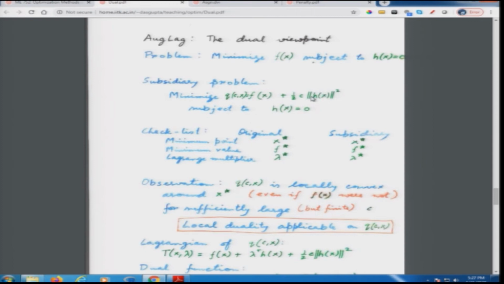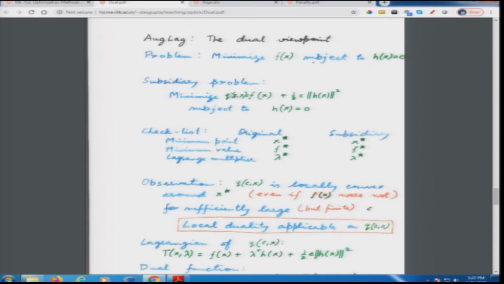If you make a checklist of the previous kind, you will find that every local minimum, every solution of this optimization problem happens to be a solution of this optimization problem also. This solution means at x star h x star is 0, feasibility, and the Lagrangian is stationary, that is grad f plus grad h lambda star equal to 0.